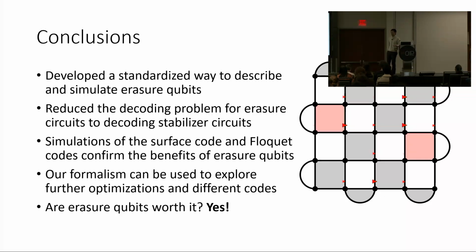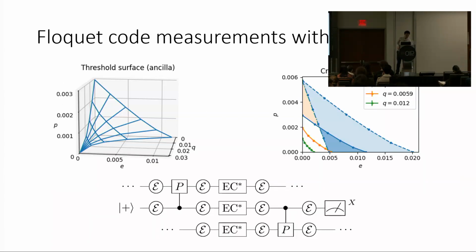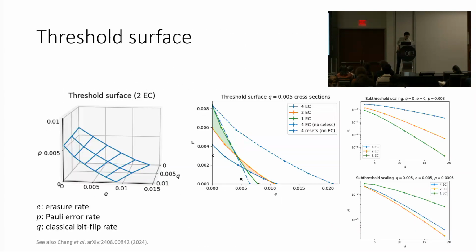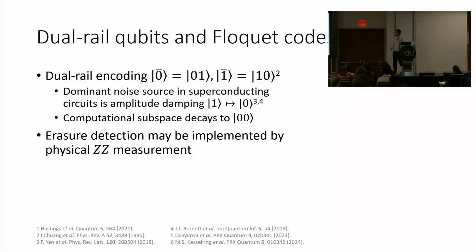Another way is if you have some computational subspace. For example, in this dual rail encoding, the computational subspace would be 01 and 10, but then the erasure subspace would be 00. So it's a completely orthogonal space that the qubit can decay to.